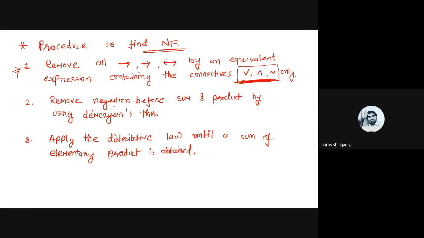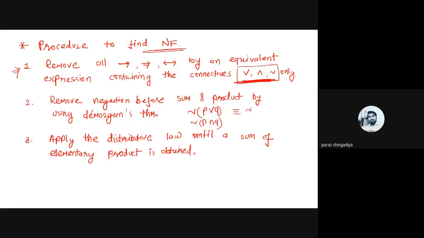Second, remove the negations before the sum and the product by using the De Morgan law. For example, if we have the negation before the bracket of the sum of P and Q, we can remove these negations before the sum and product by using the De Morgan laws.